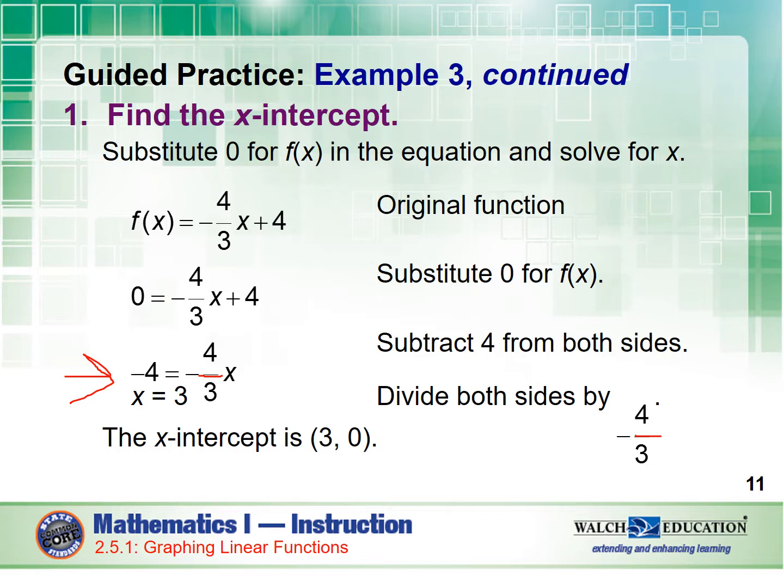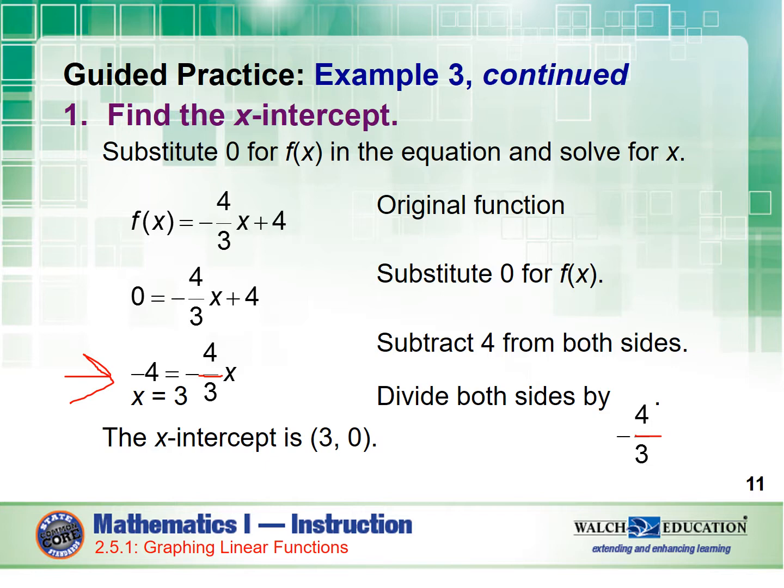Negative 4 over 3. When you have a fraction and you're dividing, it's same change flip. So dividing by negative 4 over 3 is really multiplying by negative 3 over 4. It's the same as multiplying by the reciprocal, which is how you get 3.